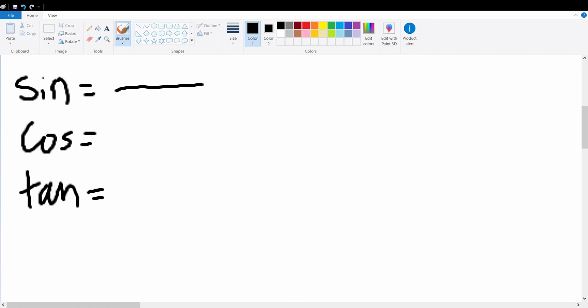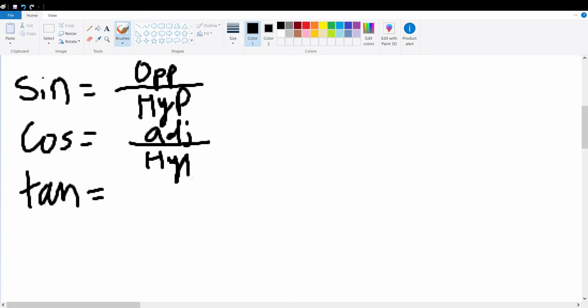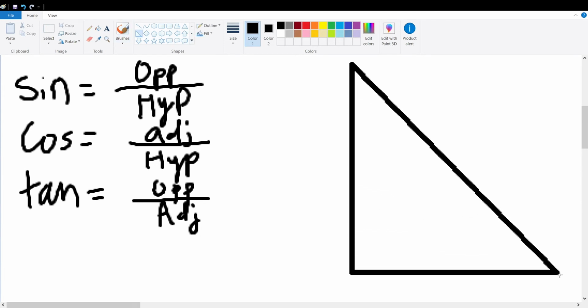Sine is, by definition, the opposite side of a right triangle over the hypotenuse side of a right triangle, whereas the cosine is the adjacent side of a right triangle to the hypotenuse of the right triangle, and tangent is the opposite side of a right triangle over the adjacent side of a right triangle, which, to note, is relative to the given angle, along with its only circumstance of existing within a right triangle and no other shape. So let us draw our right triangle as a reference to use.